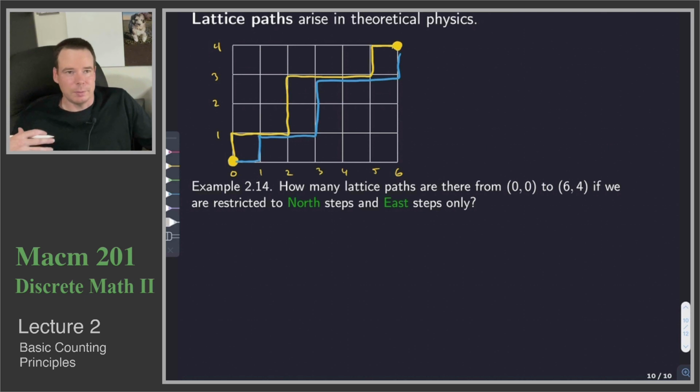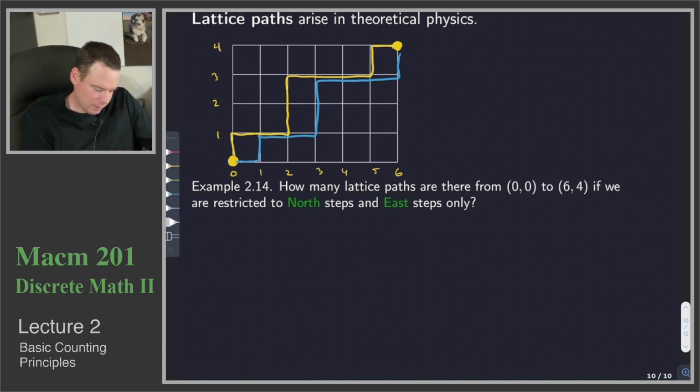For example, we've now learned how to count the number of subsets of a particular size from a given set, or the number of permutations of an object, or the number of binary strings with a set number of ones in it. These are various objects we've learned how to count, and we're going to see if we can attach one of those counting objects to this problem. So how can we do that?